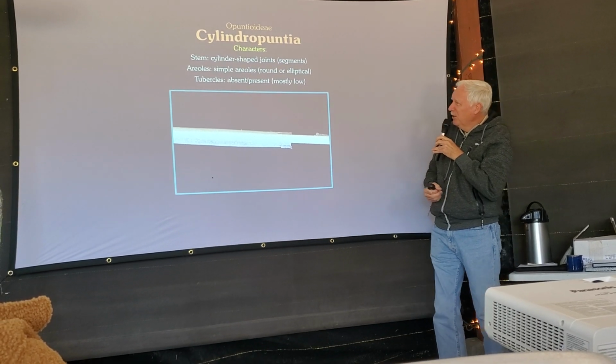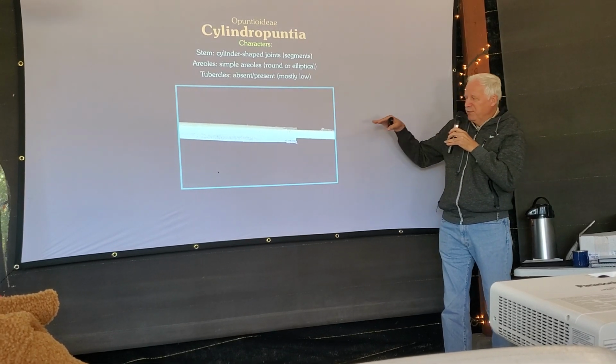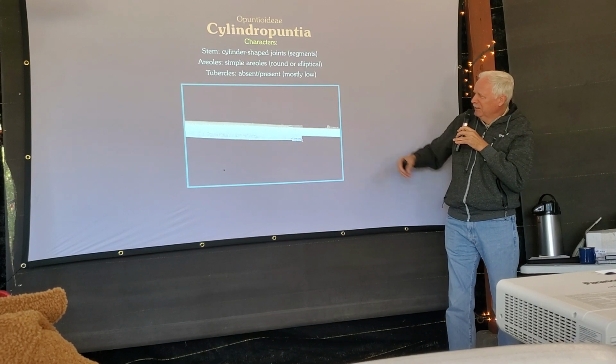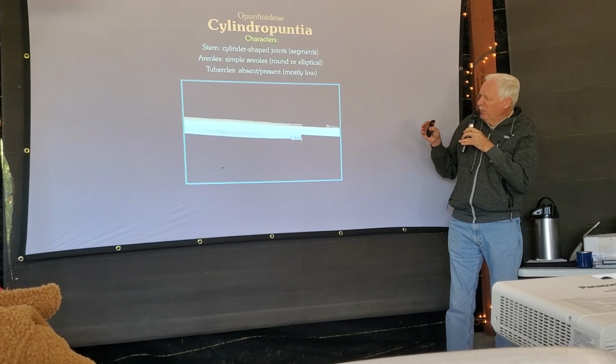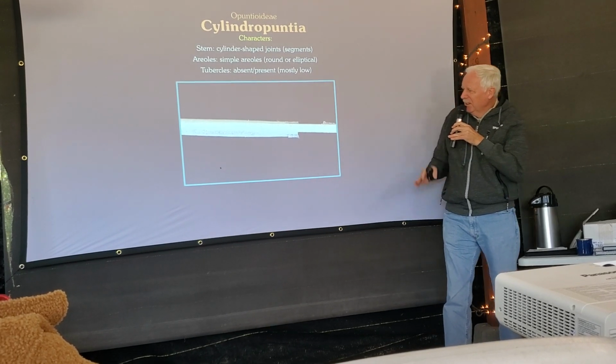And the spines of Cylindropuntia, they have those reverse hooks. They also have sheaths around it. But the worst part is the spine inside the sheath.